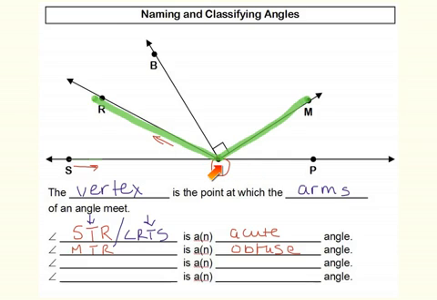So let's do one more, or two more. All right, let's do the right angle. It gave us a sign, so I know that my right angle is right here. So I can label that angle BTM, which is a right angle. And that sign helps me know it right there.